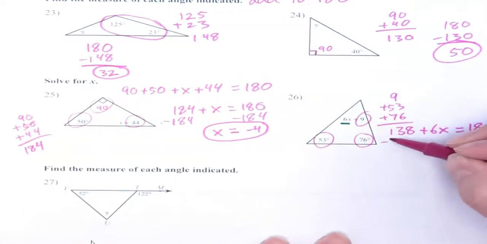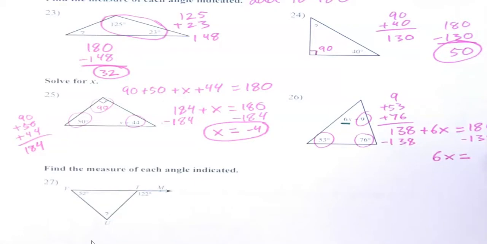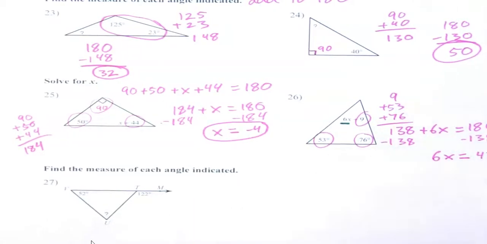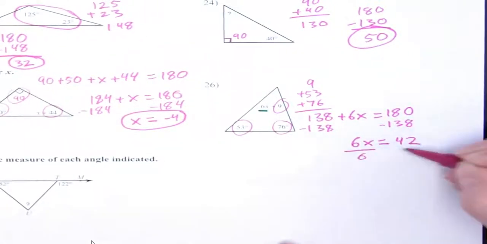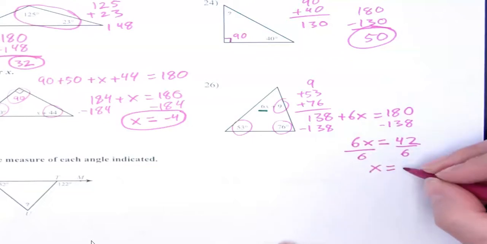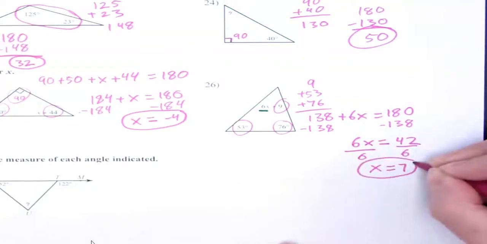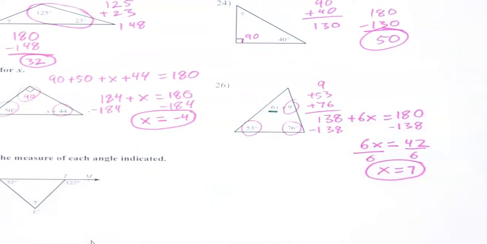So I subtract my 138 to get 6x equals 42. Divide by 6 to get x equals 7. So just remember, it's adding up to 180. That's the simple math.